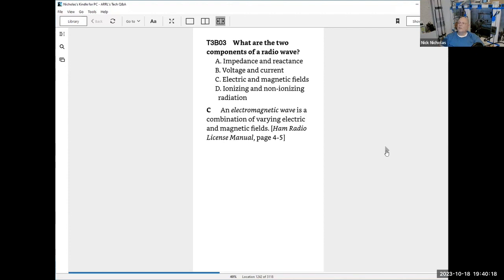But at the other side, the magnetic field regenerates the electric field. So you have present both in the transmission and in the reception an electromagnetic field that has electric fields and magnetic fields. They compose the electromagnetic wave.